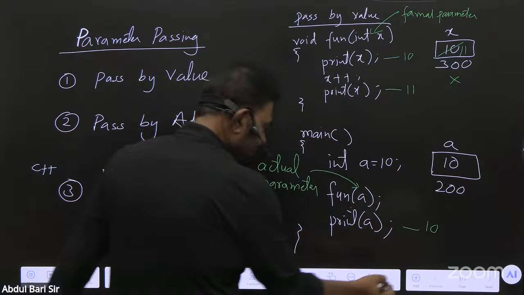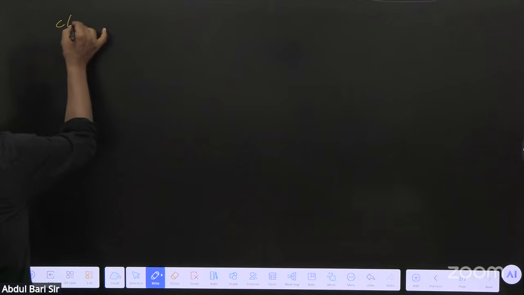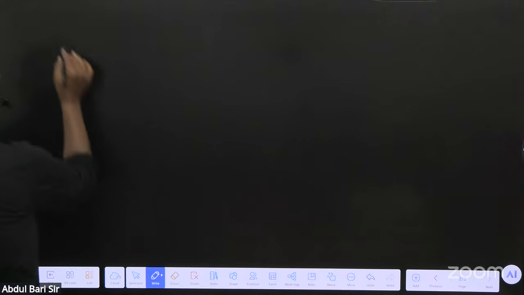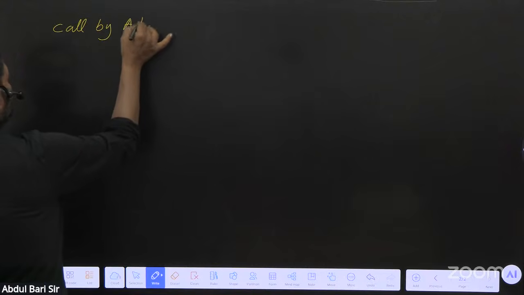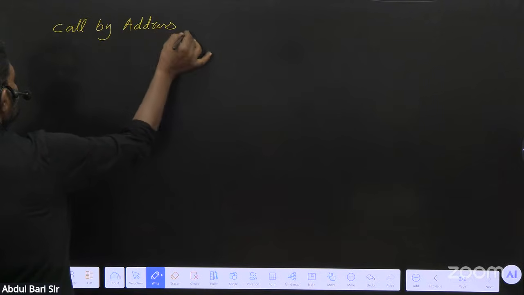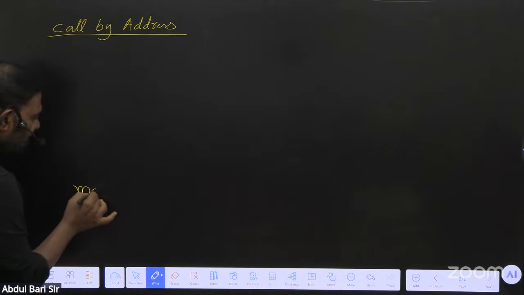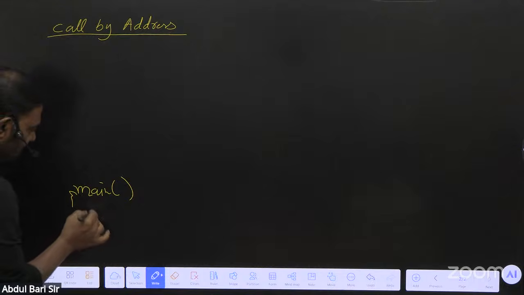Leave it. Now I have to talk about call by address. Watch this. I am writing a sample piece of code to explain the working of this. So I have a main function.